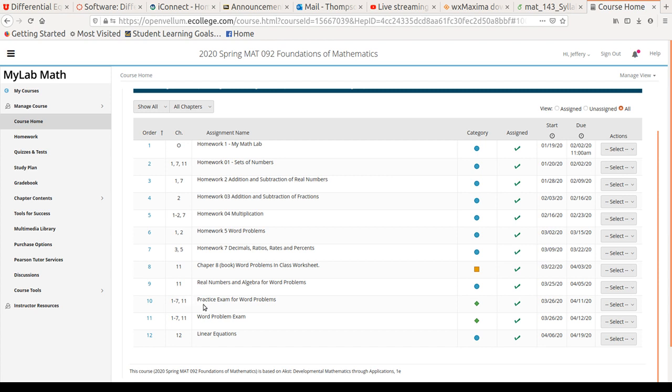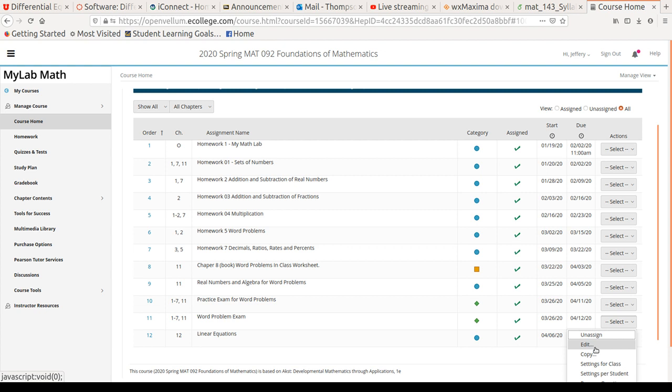I would do the practice. Don't worry about it too much. Just figure out what weird stuff Pearson's doing, how you need to write things down and do them out and then put them back in. The actual exam is this word problem exam.